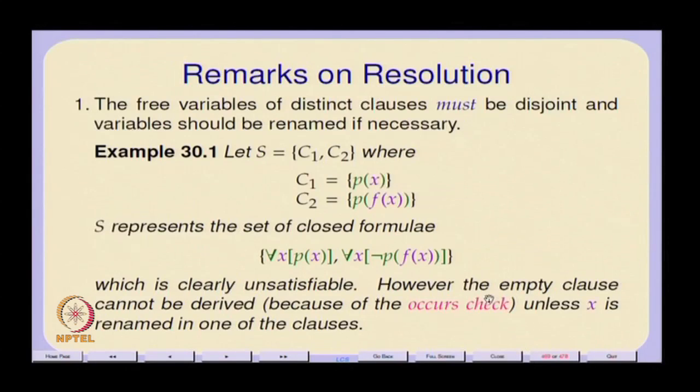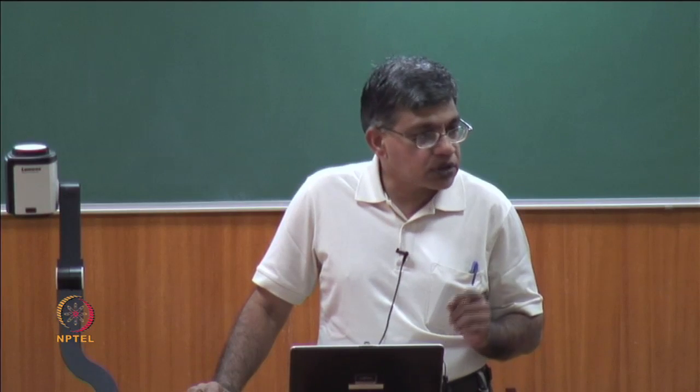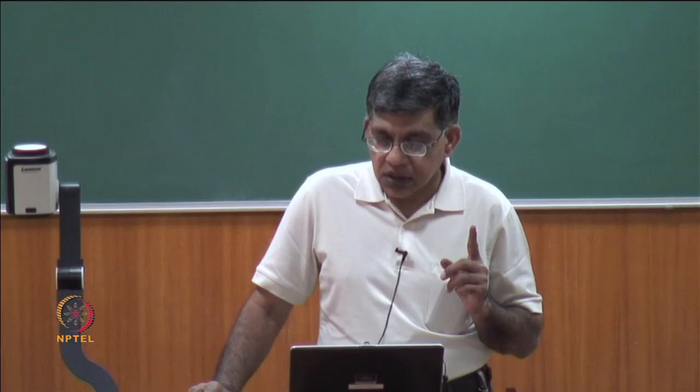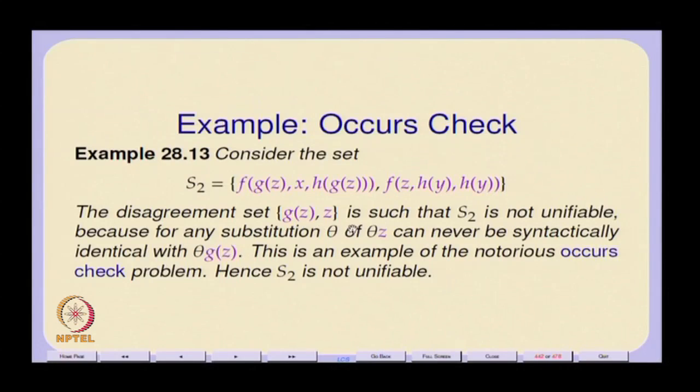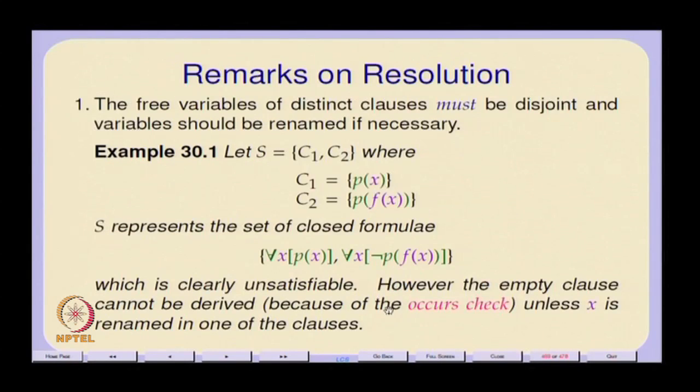However, if you do not do standardization apart, any correct unification algorithm will encounter the occurs check problem. If you remember the occurs check, you cannot unify f of x and x, for example.